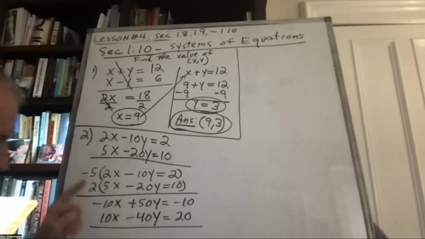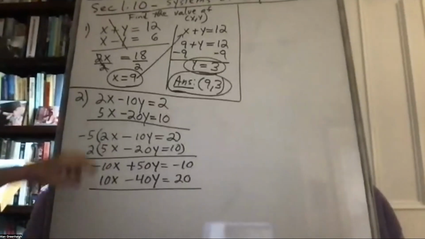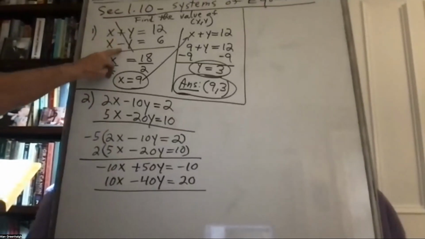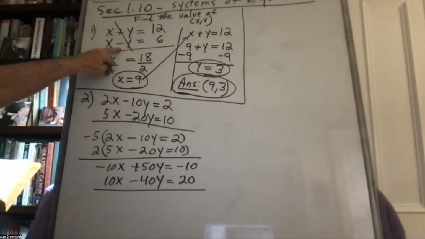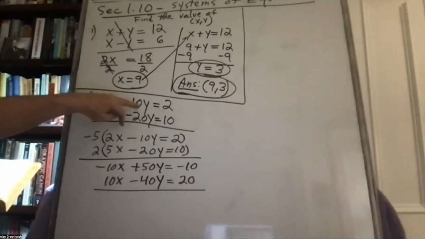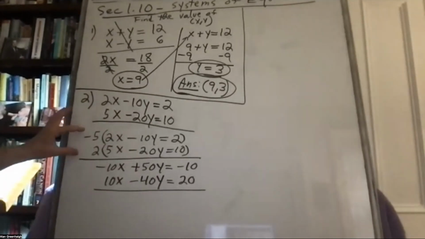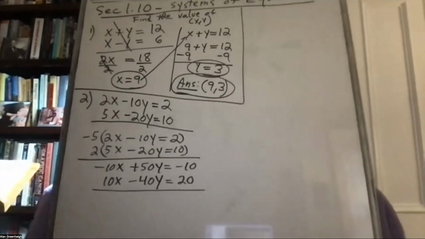Now, what Rose did was, instead of what I did in the previous problem, when I got rid of the y's, she chose to get rid of the x's. That's permissible. You could either get rid of the x's or the y's. It doesn't matter. And did she succeed?